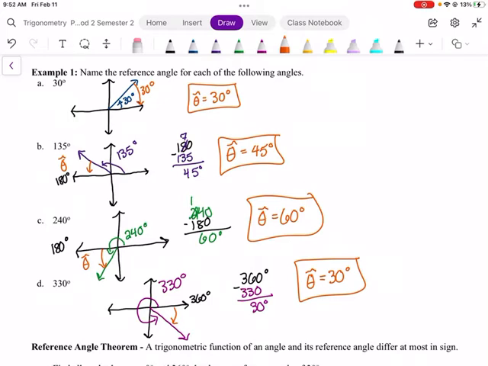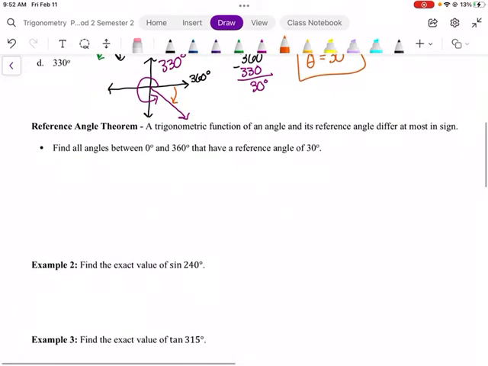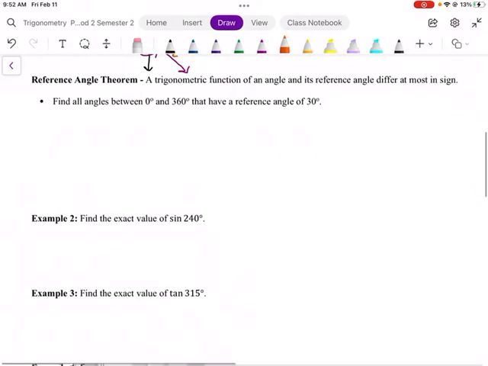So a lot of times these reference angles are going to help us evaluate bigger angles in a way that we can use our special right triangles. So our reference angle theorem is: a trigonometric function of an angle and its reference angle differ at most in sign. So the only thing that could be different about them is their sign. So you could have positive 1/2 or negative 1/2.